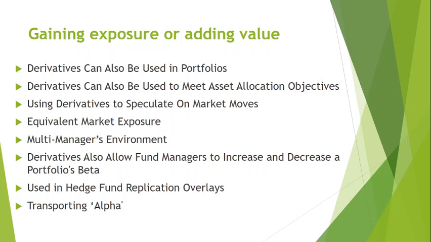Simply put, it involves transporting alpha to an index or market tracking return. The index exposure or return is captured through futures or swaps with little upfront capital, and the remaining cash is managed actively to generate alpha independent of the index.